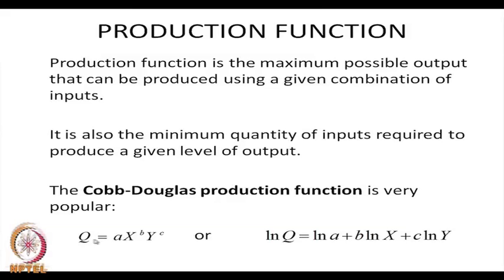The relationship that defines Q with x and y is a power function relationship. Q equals A multiplied by x to the power b into y to the power c. And if I take a log transformation of both sides, this becomes ln Q, natural logarithm of Q, equals ln A plus b ln x plus c ln y.